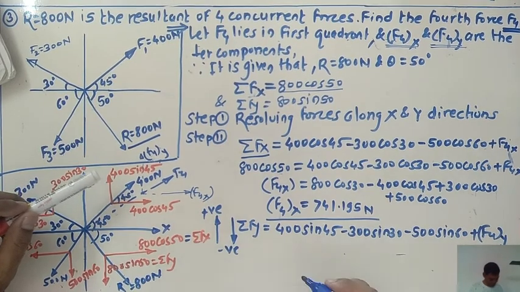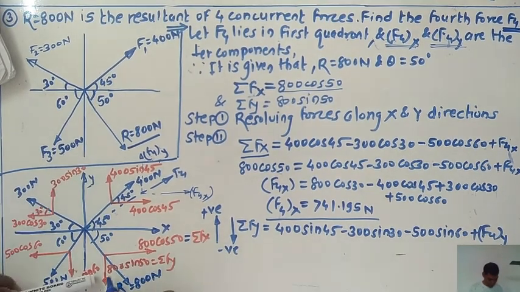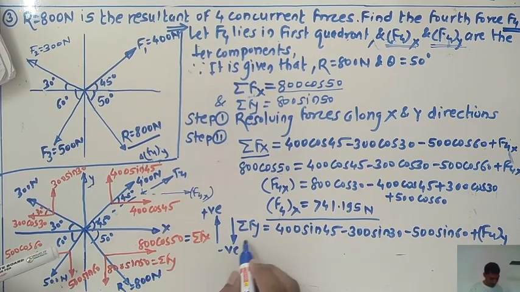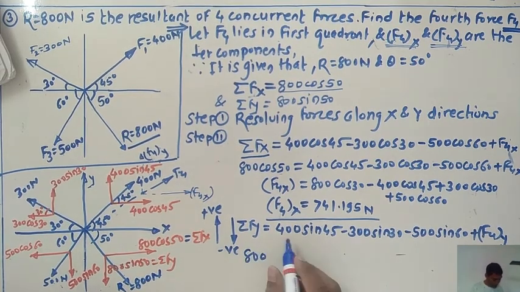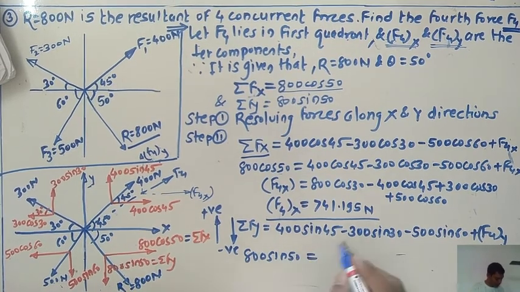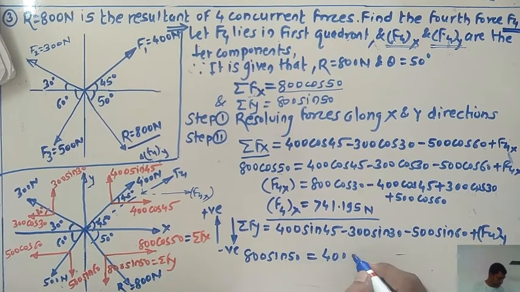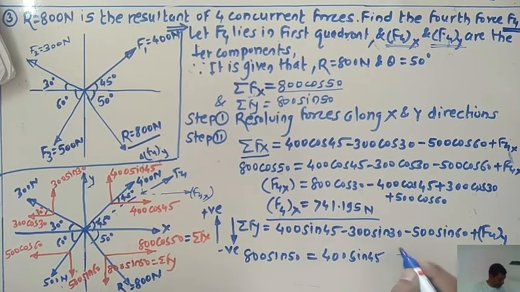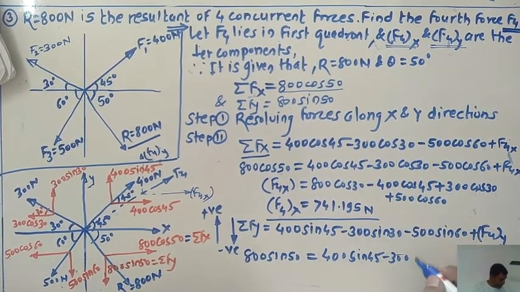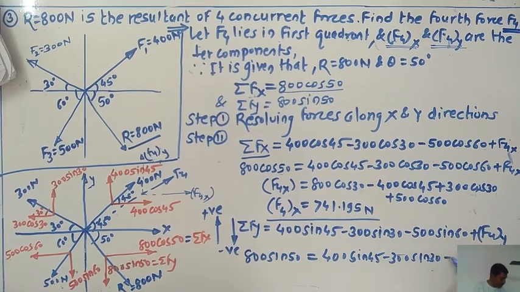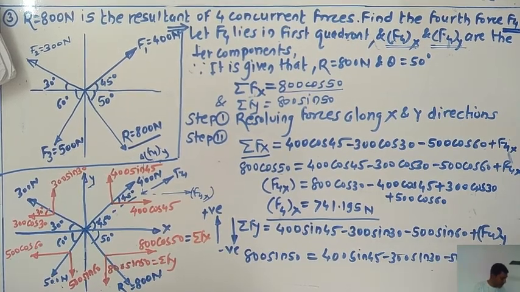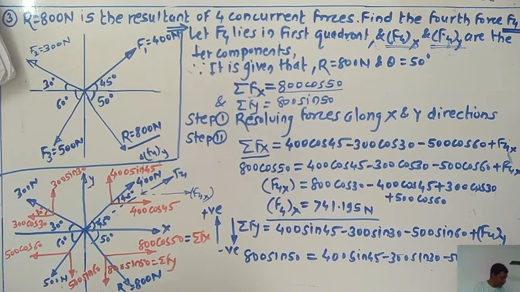Now it is not necessary to consider the component of this one, because we already found the summation of Fx. So towards the left side, mention the value as 800 sine of 50 degree equals to, and towards the right side, 400 sine of 45 minus 300 sine of 30 minus 500 sine of 60 plus F4y.